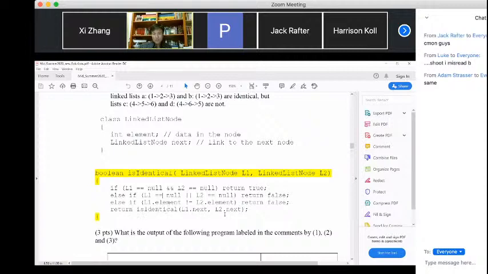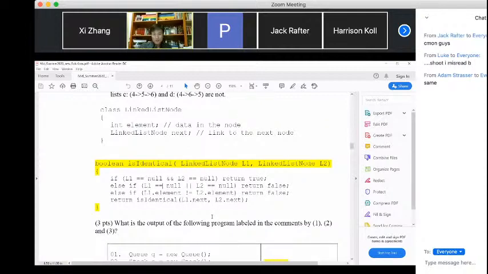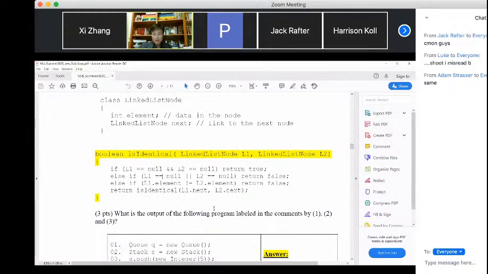And there are many possible solutions, and I try to understand your answer and try to give you as many points as possible. But I may not understand your algorithm properly. So if you think I did not understand your solution, please come back to me during my office hour or email me.